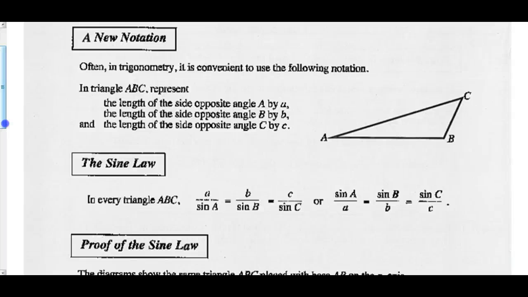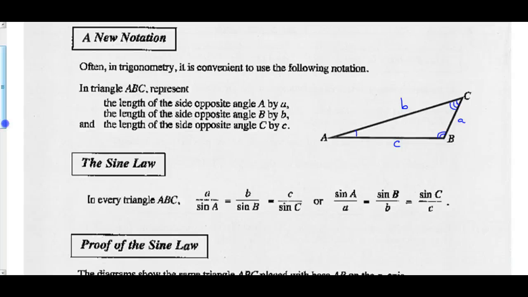So here's angle A. Therefore, lowercase a is opposite angle A. The side opposite angle B would be lowercase b. And the side opposite angle C should be lowercase c.